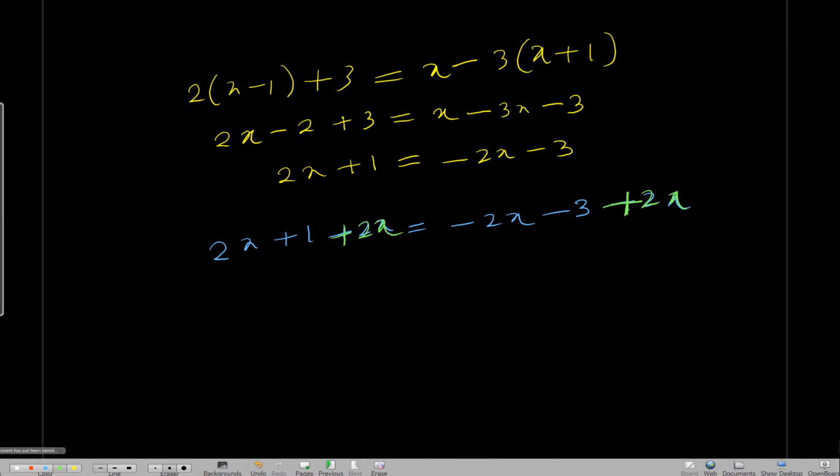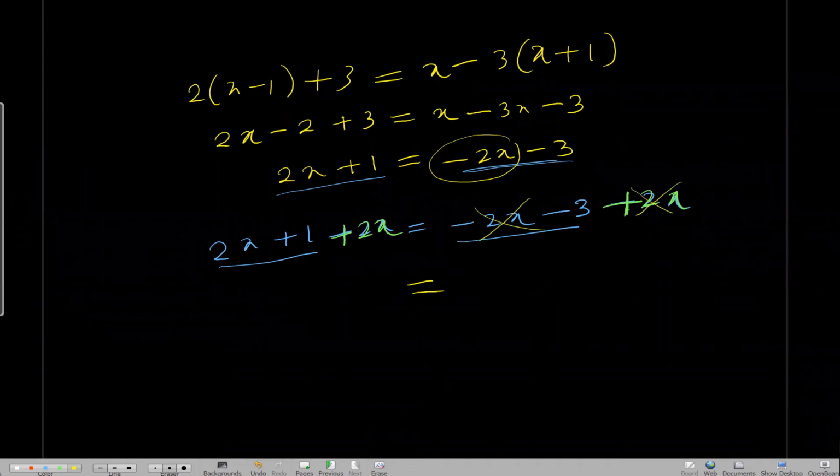See, this blue color part is exactly the previous equation, and the green color part I am adding 2x to both sides. Why am I doing that? Because I don't like this negative 2x in my right hand side, so it will cancel with this, right? So I get 4x plus 1 equal negative 3.